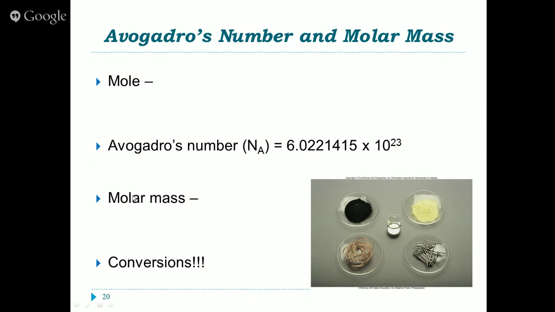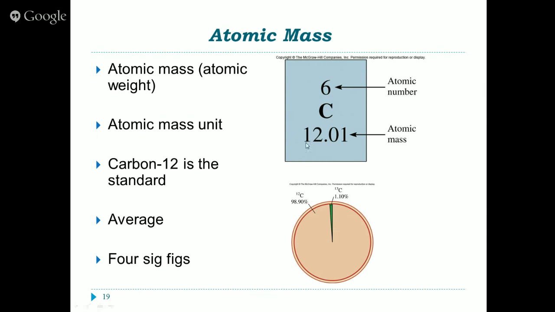Molar mass. So how does molar mass differ from atomic mass? Well, molar mass of a substance is going to be the mass of 1 mole of that substance. And the nice thing about it is, if I have 1 atom of carbon, it weighs 12.01. If I had 1 mole of carbon atoms, it would weigh 12.01 grams.